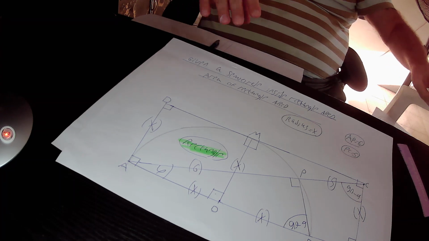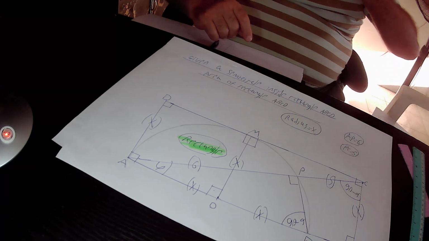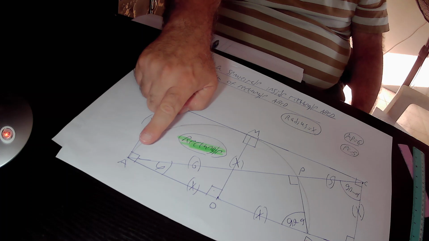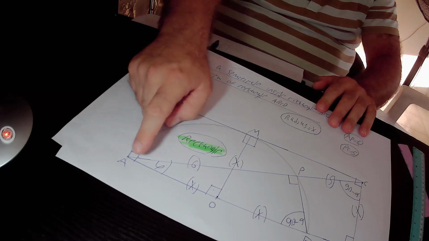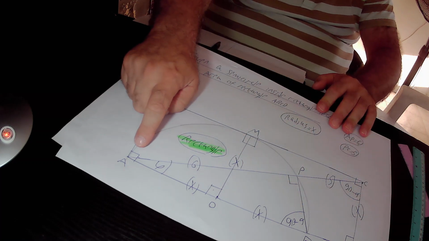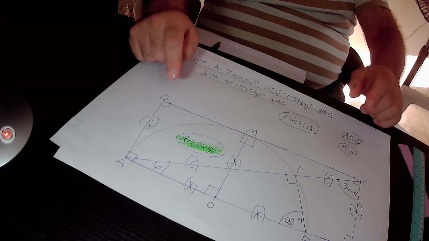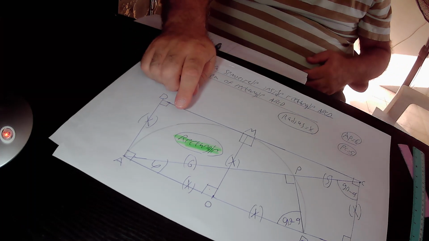So why is the big right triangle ABC similar to this small right triangle APE? First of all, this is angle A, that is a common angle that belongs to both triangles. Angle A belongs to the big right triangle ABC, and angle A belongs also to the small right triangle APE. So we can write down that angle A equals itself, a common angle that belongs to both triangles.